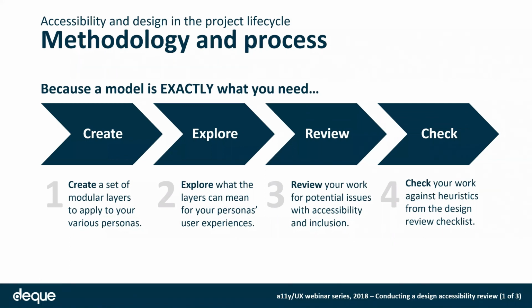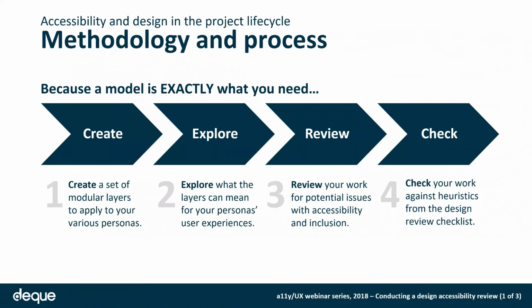We've looked at how those layers can affect or the meaning they can have on the experience of that persona using the product. And then we've reviewed how we can use the heuristics to try and address issues or potential issues in the work that we're doing.